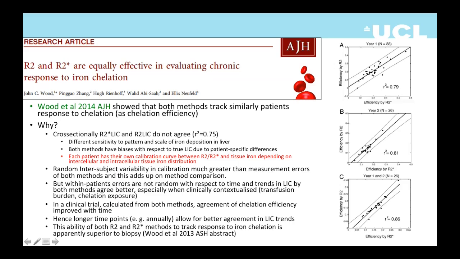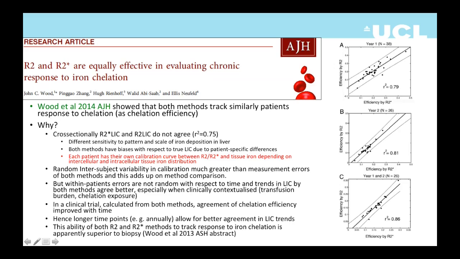So John Wood concluded in this study that the chelation efficiency, which is, let's say, a response to chelation on a trial, was much better with the progression of the study, meaning that after 1 year, chelation efficiency was still scattered around the line of equivalence, because chelation efficiency could be calculated using LIC from one method and the other method, so from Ferriscan and from R2 star.